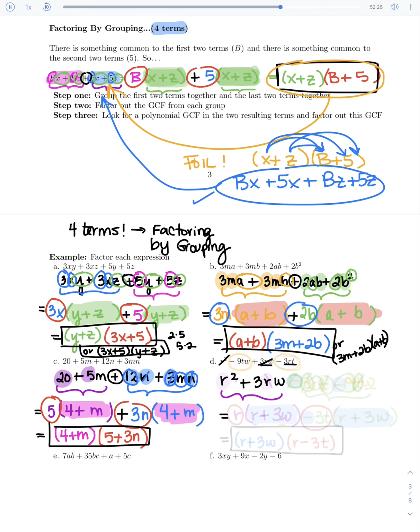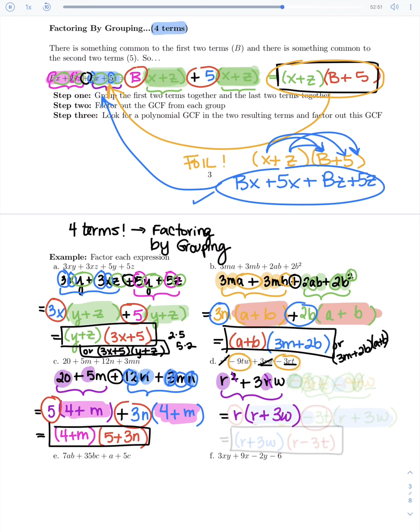Well, if I look at my first pair here, they have in common that they both have an r. So I can pull out an r from both of those. If I pull out one of the r's, it'll still leave me with an r, plus, pulling out the r from the second piece will leave me with a 3w. Okay, the question is, how does that help me with my other 2 pieces that I haven't even looked at yet?